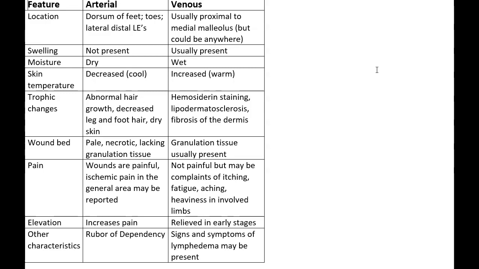Characteristics. Let's back up a little bit. Talk about some of the characteristics associated with arterial insufficiency, pre-wound stage. Does anyone know what it is? It's probably not number one, but it's a big complaint of people who have arterial insufficiency.